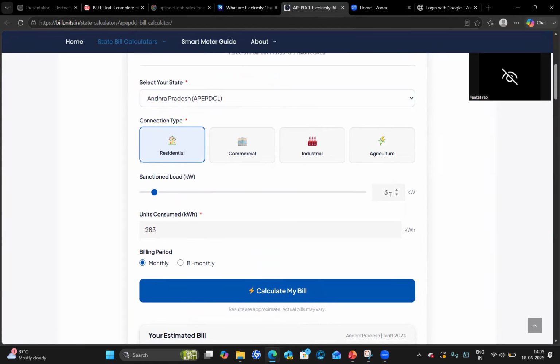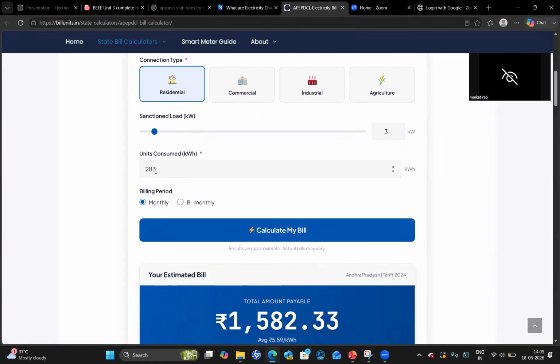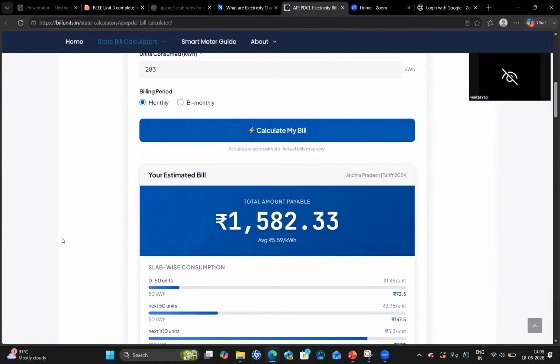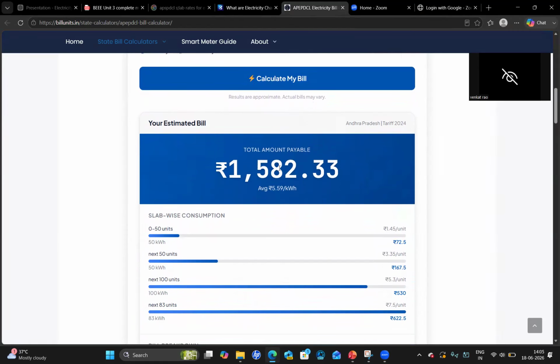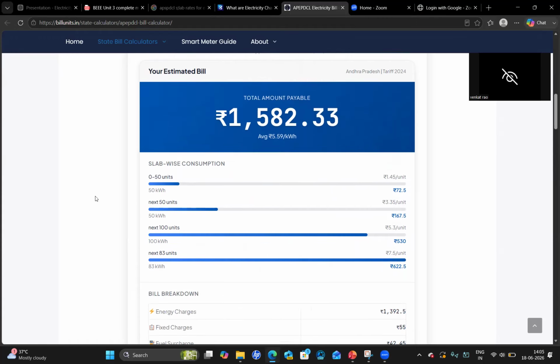Suppose your household is getting a power supply of 3 kilowatt from the mains and you are consuming 283 units, you need to enter these units. Number of units consumed in kilowatt hour is 283. Suppose you want to calculate monthly, you can click calculate. So this is how your electricity bill comes, 1582.33. Okay, how is this calculated?